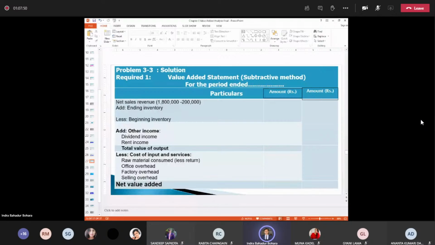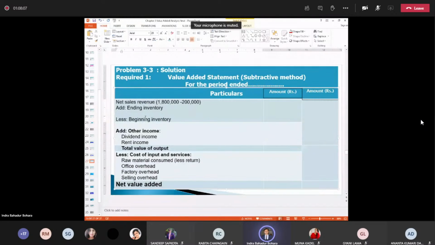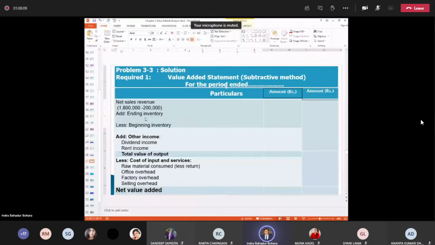Now net sales. If you draw the format first, net sales revenue, that is sales less sales return. Like this, you can deduct whatever we learned in the previous question, like less return from customer.